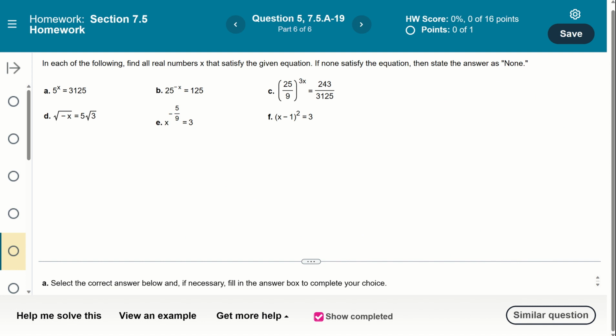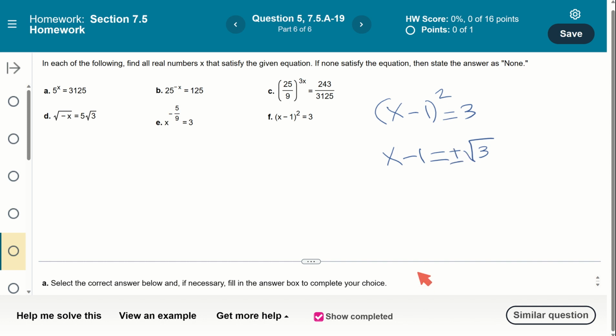Part F. We have x minus 1 squared equals 3, right? So that tells me that x minus 1 is either going to be the square root of 3 or the negative square root of 3, right?